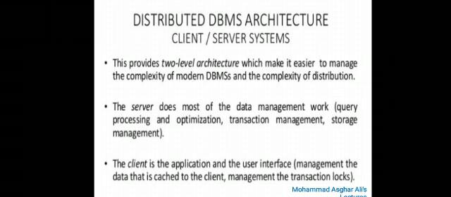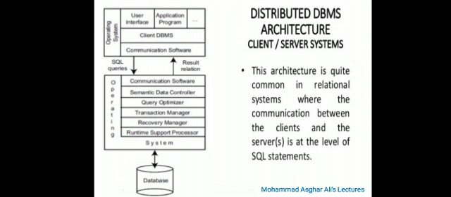In this case, there is an operating system and communication software that run on both the client and the server, but we only focus on the DBMS related functionality. This architecture, which is given in the following figure, is quite common in relational systems where the communication between the client and server is at the level of SQL statements.